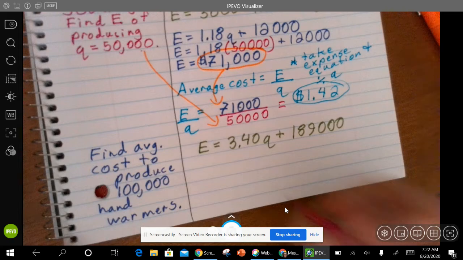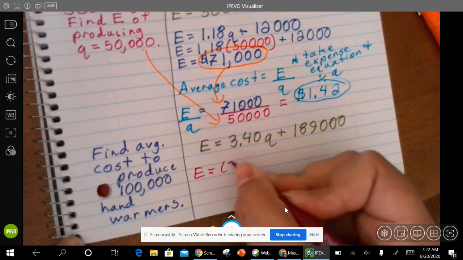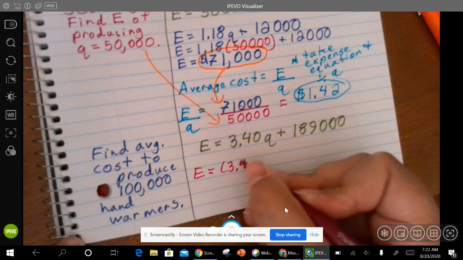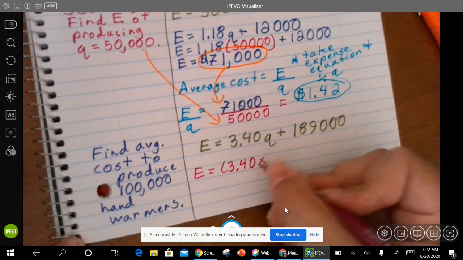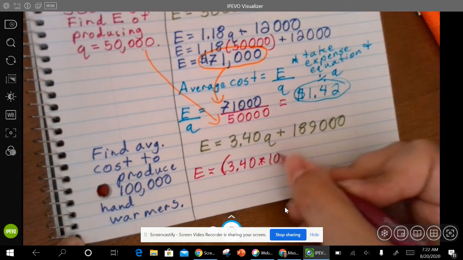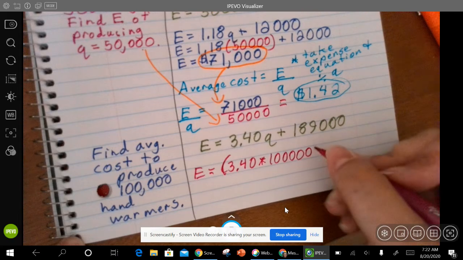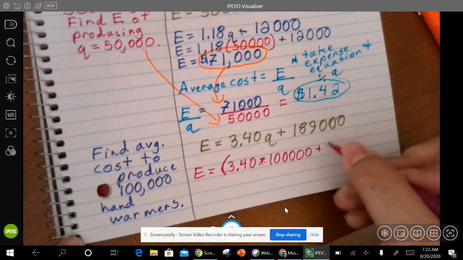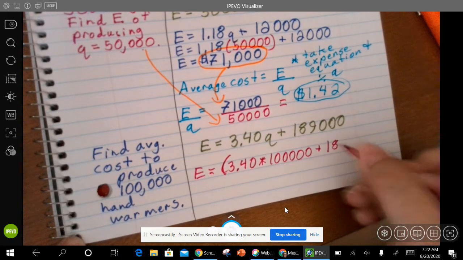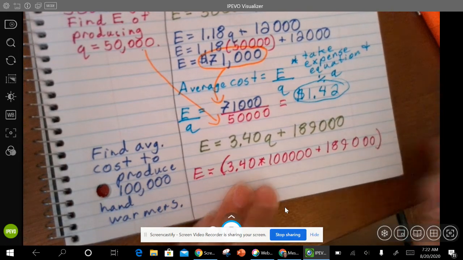So it's going to be E over the $3.40 times, remember we have to do parentheses, times 100,000. Make sure that you're counting the zeros, plus 189,000, in parentheses.